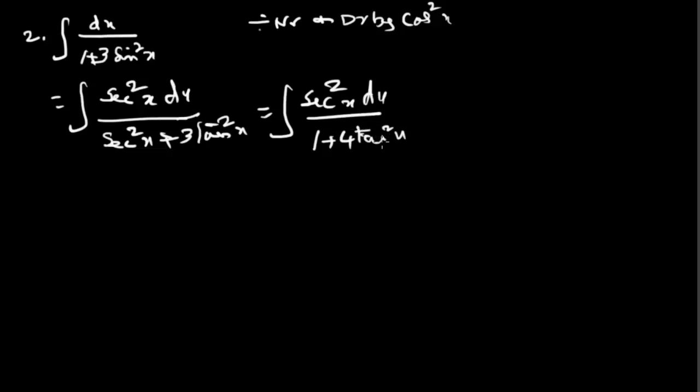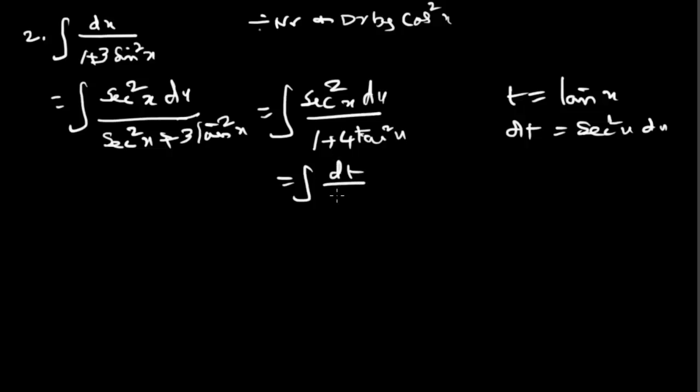Now you see the denominator is a function of tan squared x. So t is equal to tan x, and dt is equal to secant squared x into dx. So the numerator is completely dt by 1 plus 4t squared, because tan squared x is there. Whenever the coefficient of t squared is there, you take it out, and that gives 1 by 4 integral dt by, 1 by 4 is written as 1 by 2 squared, plus t squared.